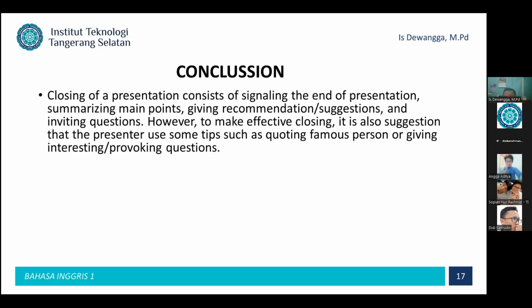And the next one, everyone, the conclusions. Closing of a presentation consists of signaling the end of the presentation, summarizing main points, giving recommendations or suggestions, inviting questions, and the last one, apa tadi yang kelima?